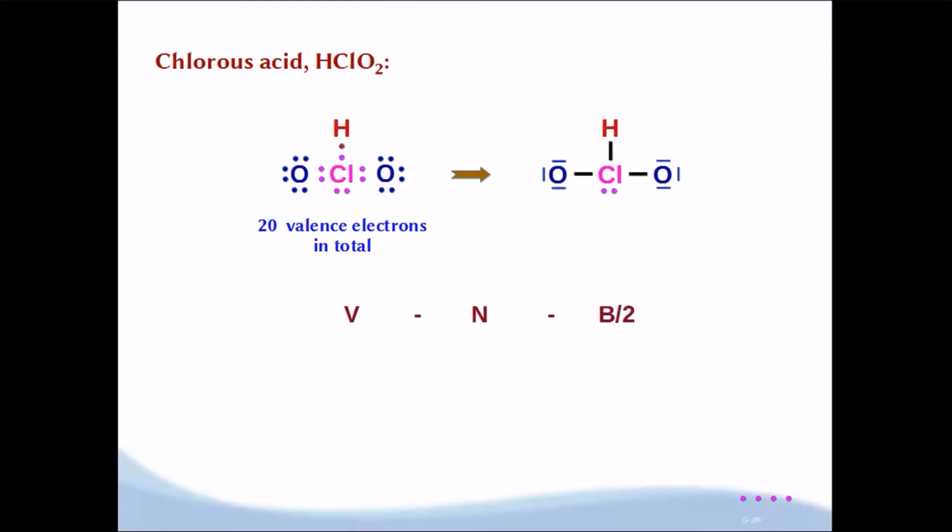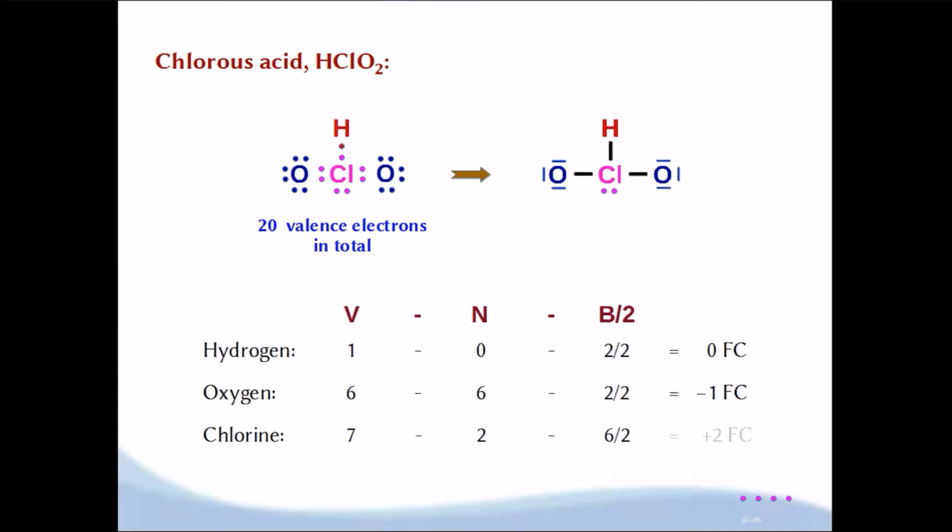Formal charge calculation gives us what result? We get for hydrogen 0. For oxygen, we obtain a -1, and for chlorine, a +2. These non-zero charges indicate that there may be better solutions for this molecule.